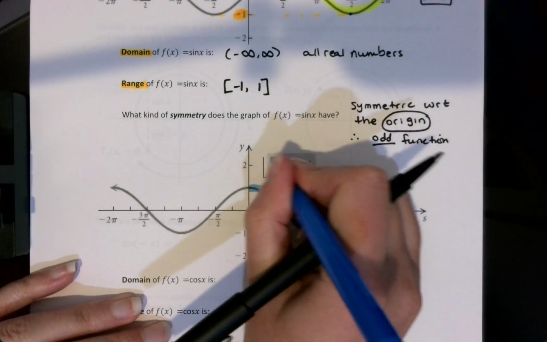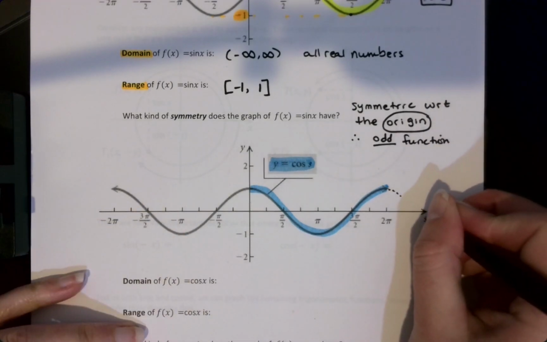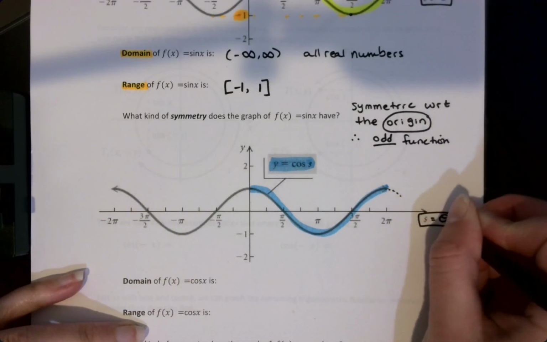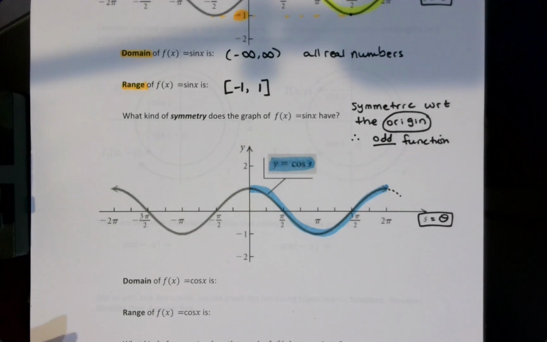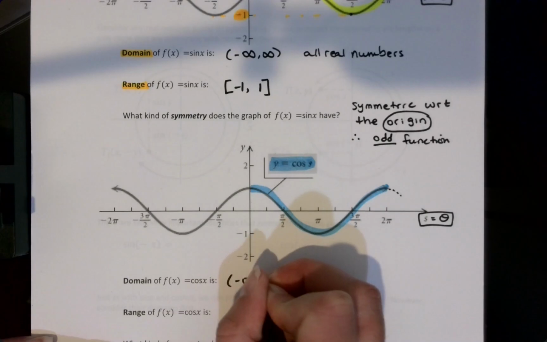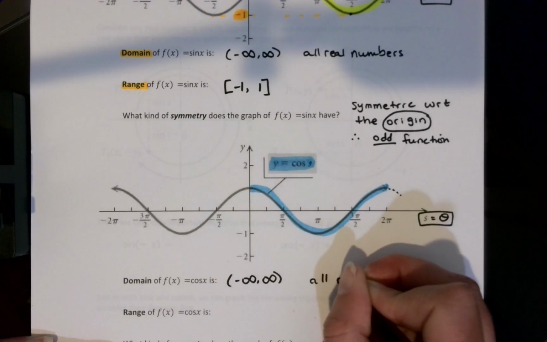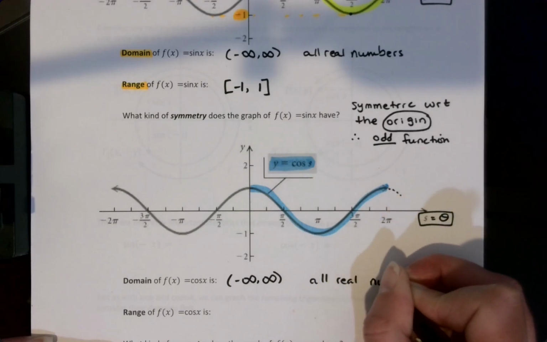Y is equal to the cosine of s, where that s value, that arc length, is equal to our angle when we're on the unit circle. The domain of cosine is again going to be negative infinity to infinity, or all real numbers. It's just two ways to express the same idea. So all real numbers.